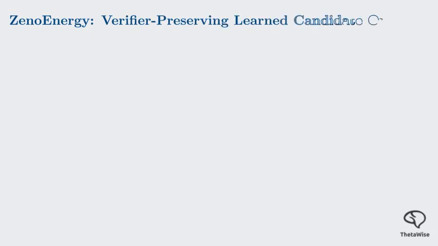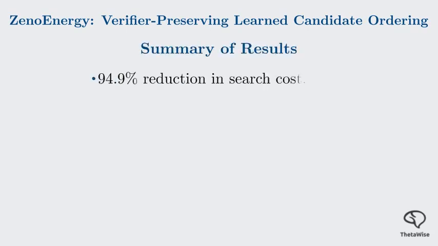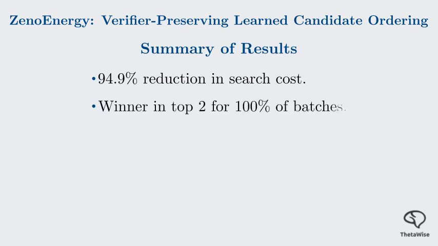In conclusion, Zeno-Energy demonstrates that a remarkably small 97-parameter model can fundamentally change the efficiency of decentralized settlement. This model achieves a 94.9% reduction in search cost, ensures the winner is in the top 2 for 100% of batches, all while maintaining a tiny CPU-only footprint.